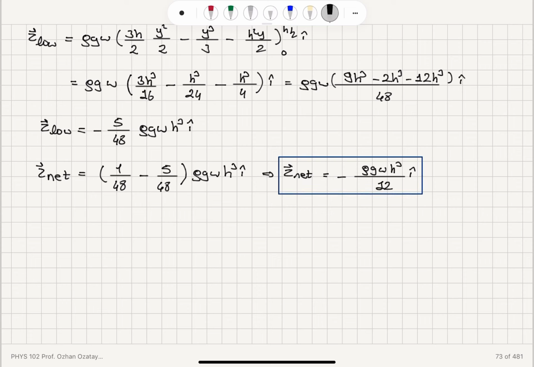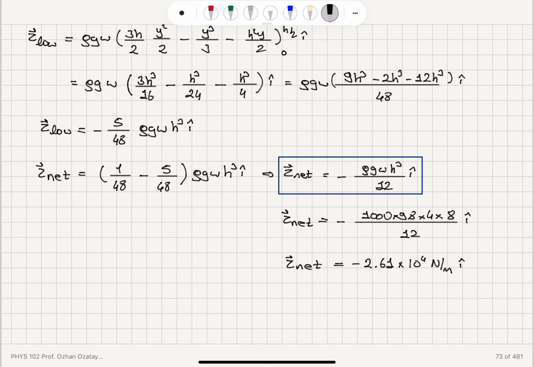So that is my symbolic answer. If I substitute the numbers for the net torque, I will find minus rho, density of water is 1000 kilograms per meter cube, G is 9.8 meters per second square, W is 4 meters, H was 2, its cube is 8, divided by 12 in I hat direction, and this gives me a net torque to be minus 2.61 times 10 to 4 Newton meter I hat.